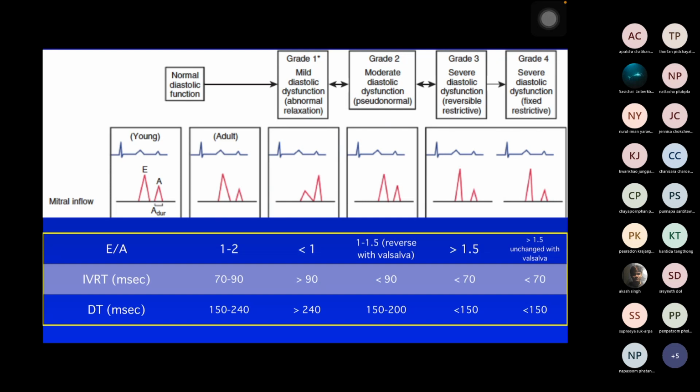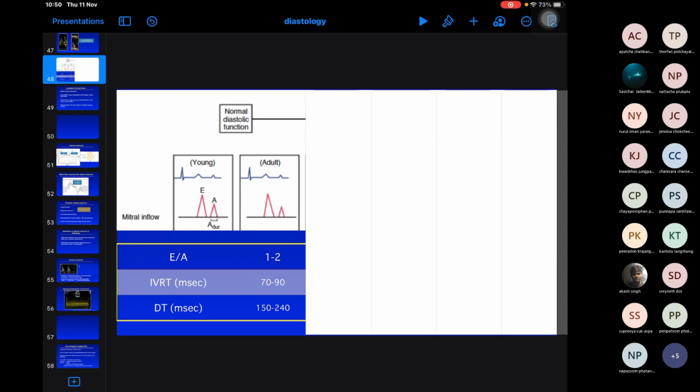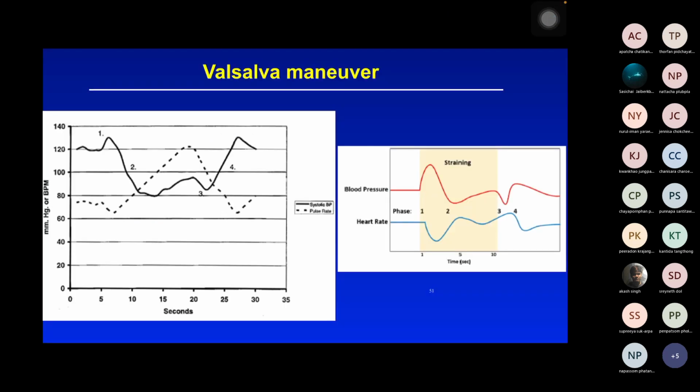You see, the grade 2 E over A is the same as the normal diastolic function E over A. We use the Valsalva maneuver to separate between grade 2 and normal, and to differentiate between grade 4 and grade 3.